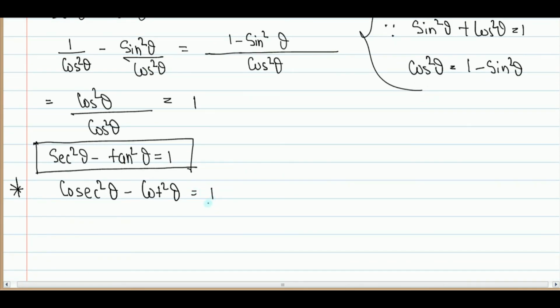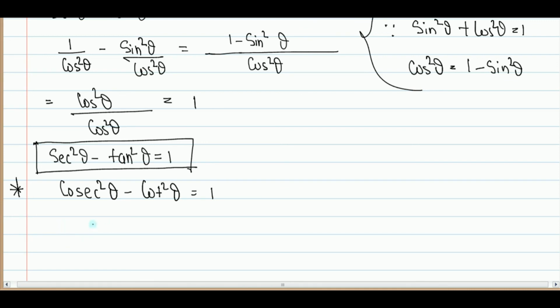Can you just explain now using the same concept of sec square theta minus tan square theta equal to 1? Pause the video, try to solve it by yourself. How are you going to prove cosec square theta minus cot square theta is equal to 1? Okay, pause the video. Think. Have you thought? Let me explain it to you again.